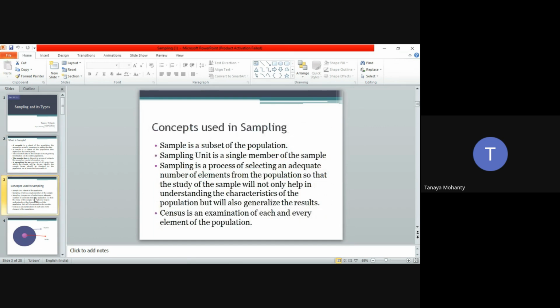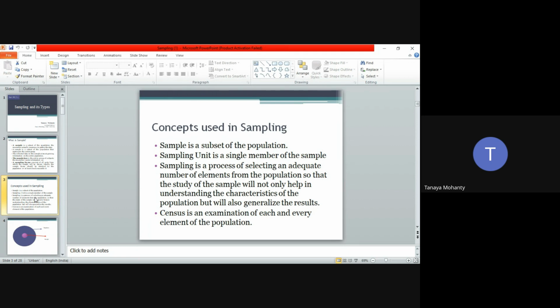So first, the concept that you will be using is sample. Sample is a subset of the population. Sample is those selected elements that you pick up for your study from the entire population. Sampling unit is a single member of the sample.